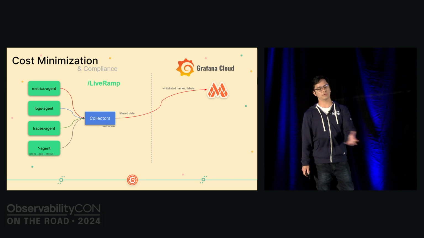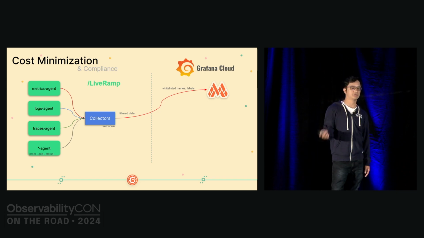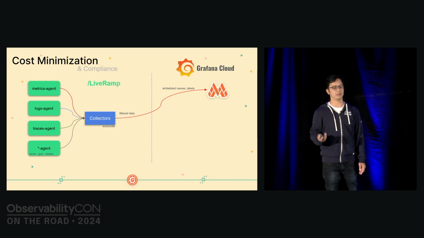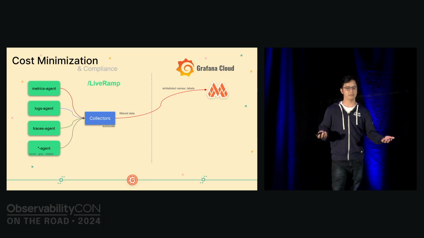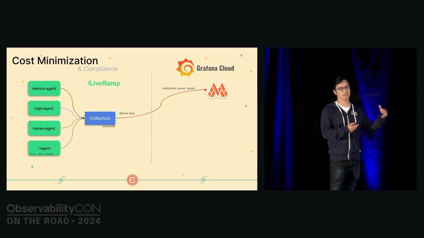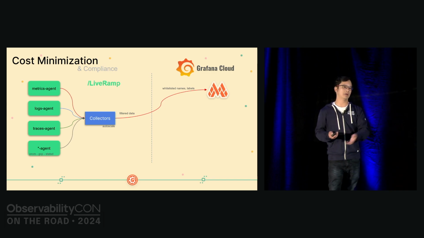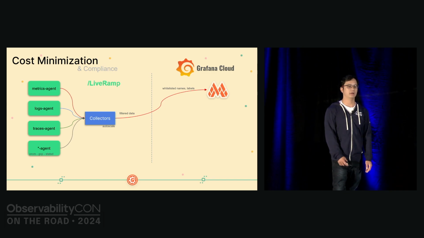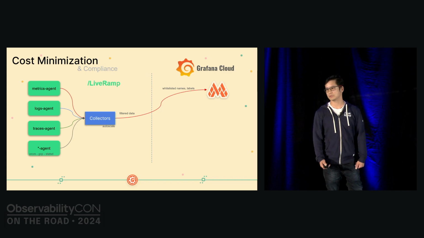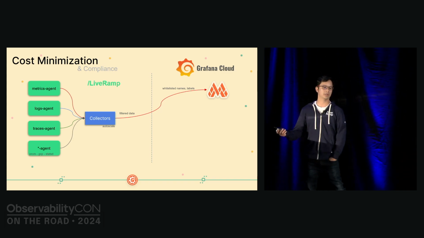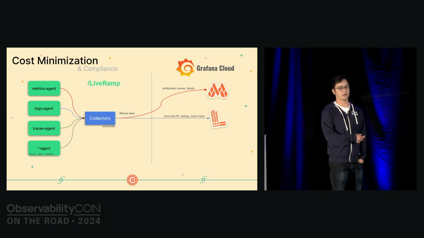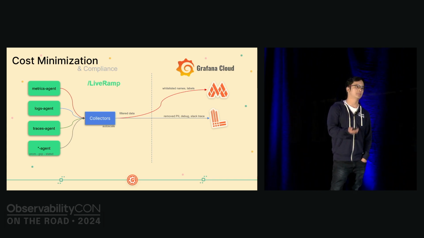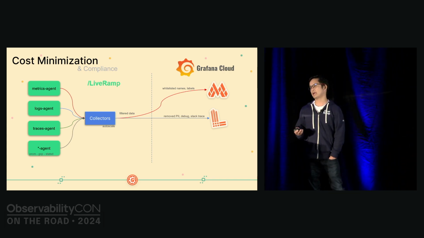And when it goes through, the collector's job is to filter all the data, right? So to meet compliance requirements and lower costs, for metrics, we whitelist the metrics. If they are not allowed in the whitelist, they will not be flowing into Grafana Cloud. And it also drops all the labels that are not allowed. Same thing with logs. We drop all the logs that are PII, or debug logs, or application stack trace logs.